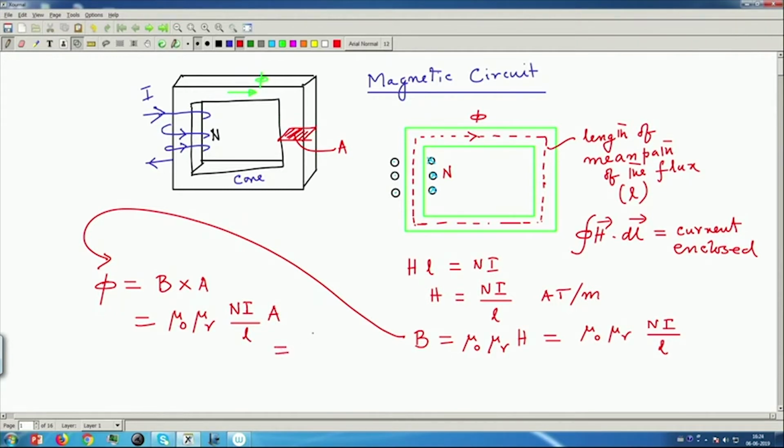Now, if you see, this can be written as NI, and bring all the other things in the denominator, which will become 1 by mu 0 mu r, L by A. Why I have written it in this fashion is that this is the cause, I can identify this is the cause, and phi is the effect.